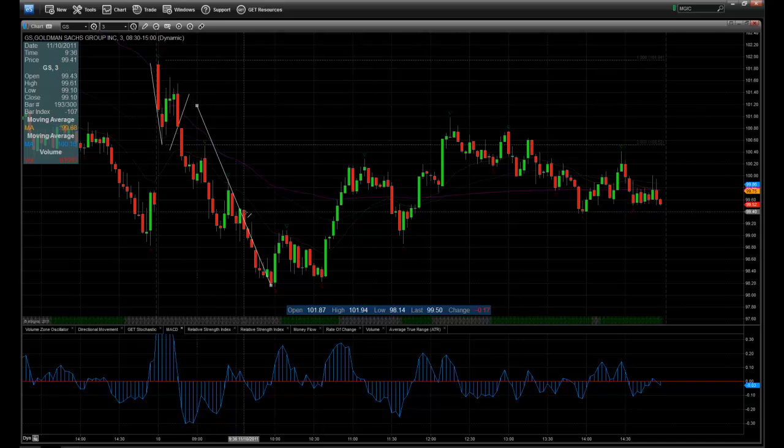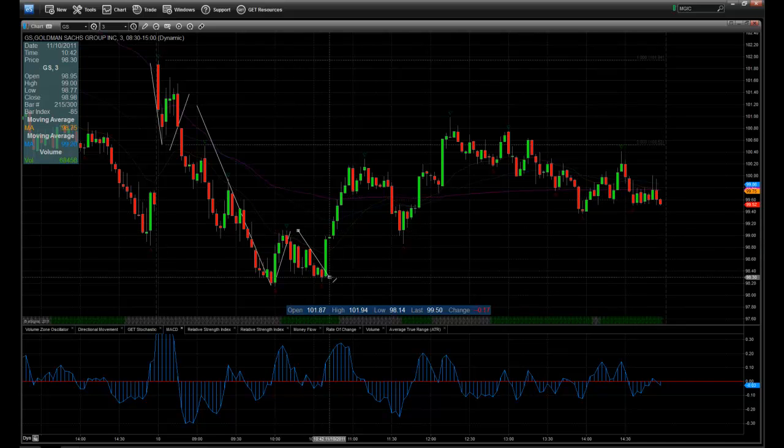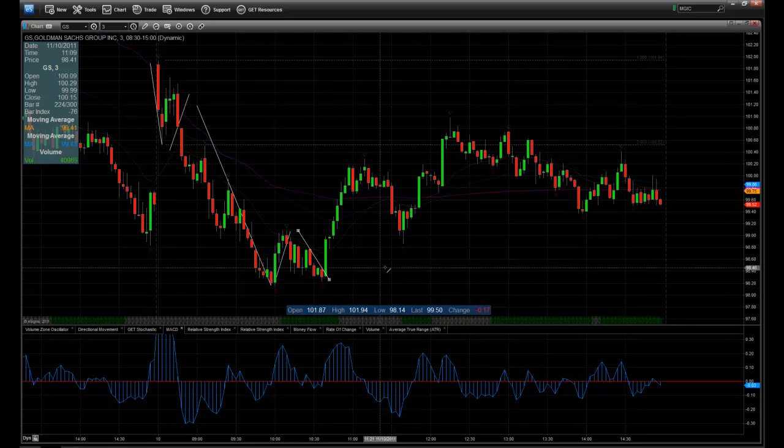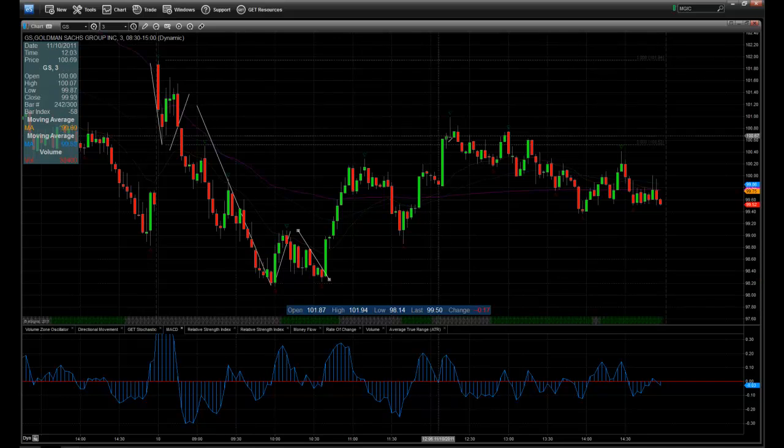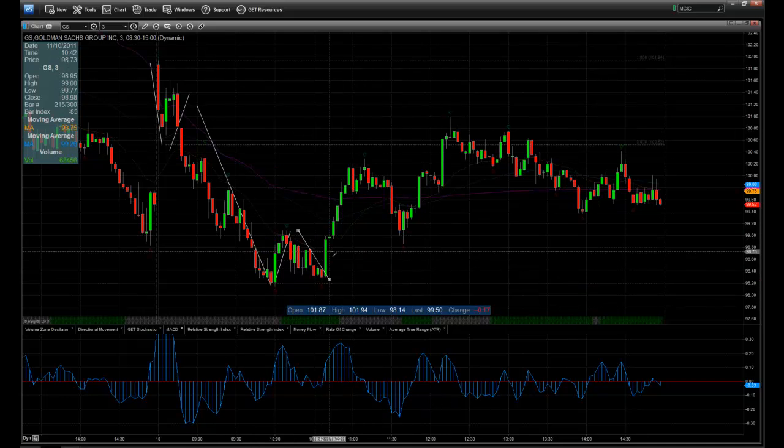And you can actually count 5 waves in that third wave push down, and then the fourth wave up, and then the fifth push down to finish the move down, and then you get either a new trend going the other way, or you get a corrective bounce.